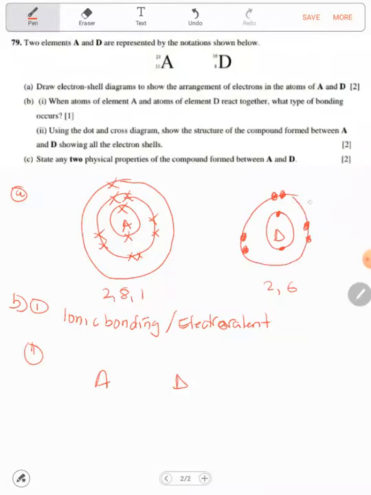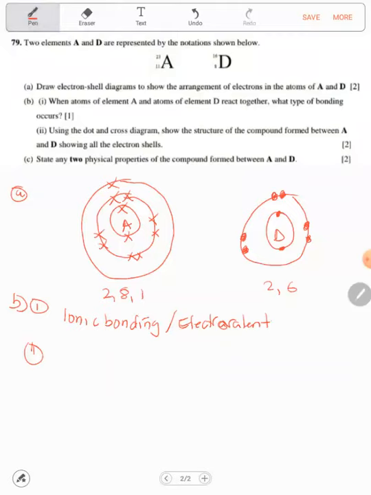So for this one to have 8 electrons, it needs 2 electrons. We only have one atom of A, so this one needs to gain 2 electrons while this one loses 1 electron. When you cross multiply, we are forming A2D, so we need 2 atoms of A and 1 atom of D.